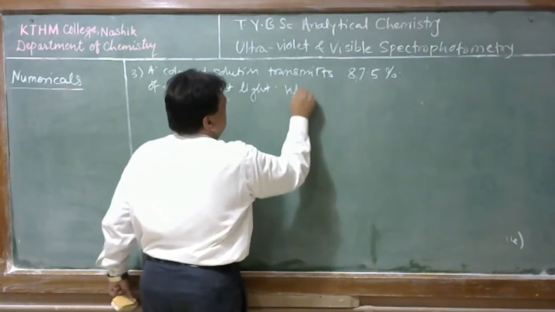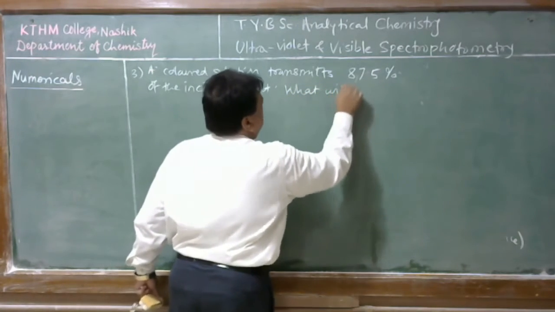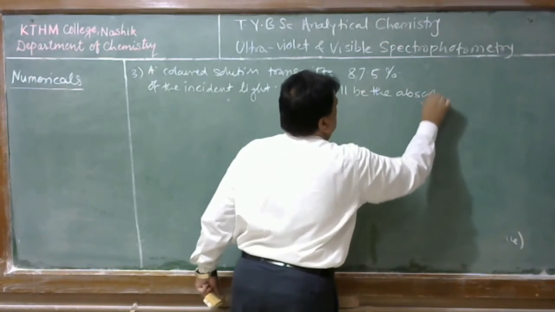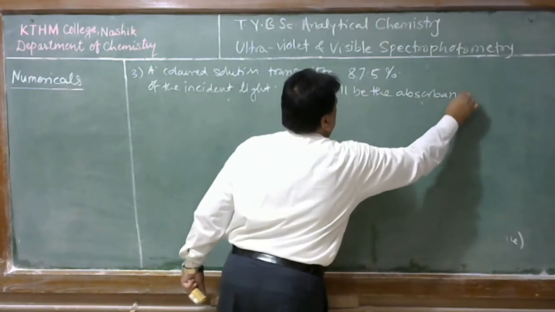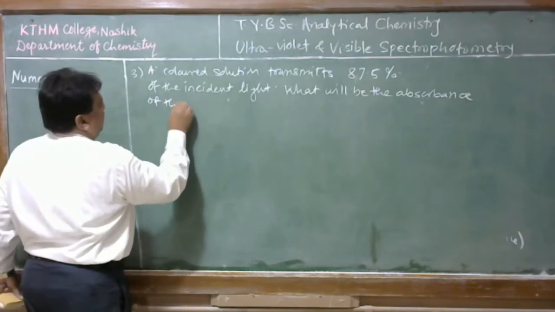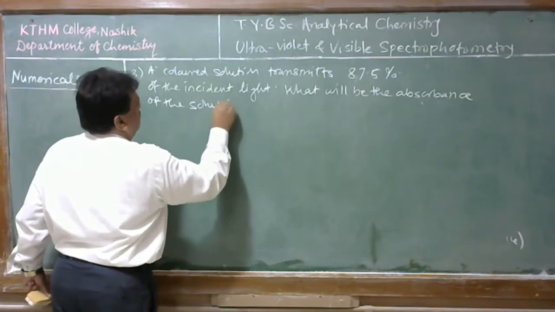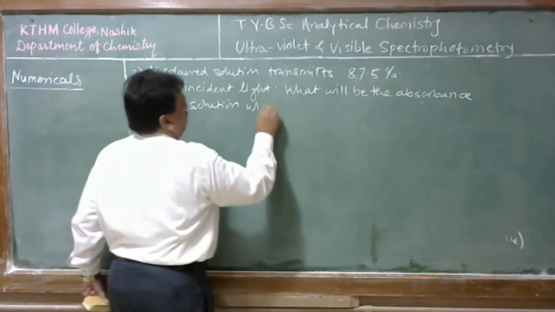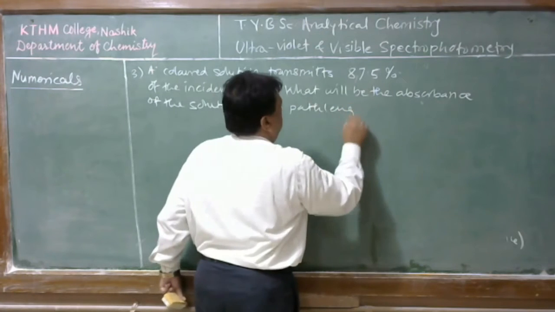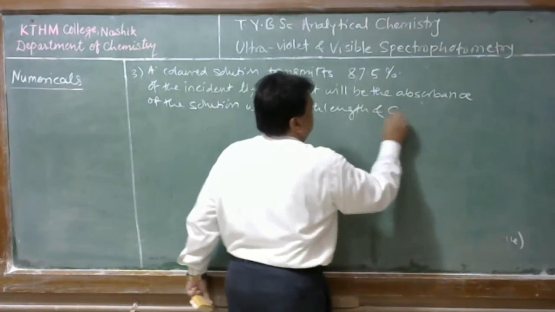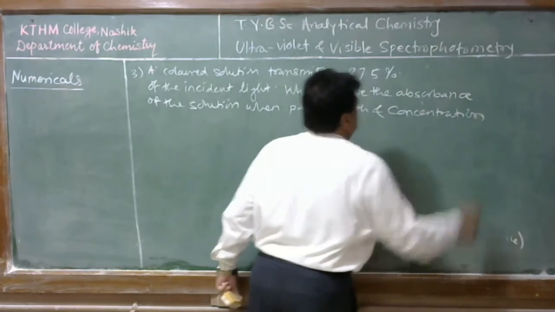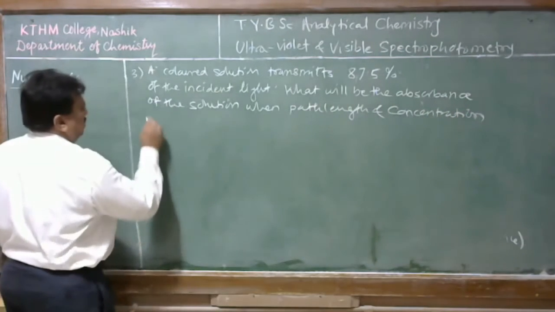What will be the absorbance of the solution when path length and concentration both are doubled?